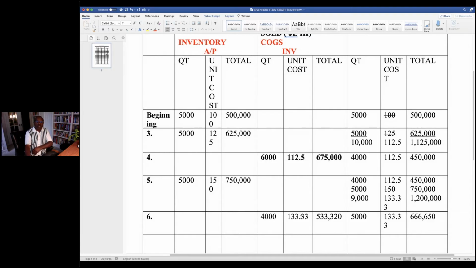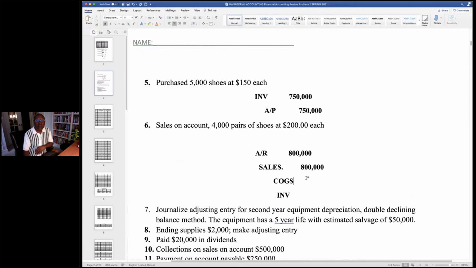We just multiply 4,000 times 133.33, 533,320. Any questions?